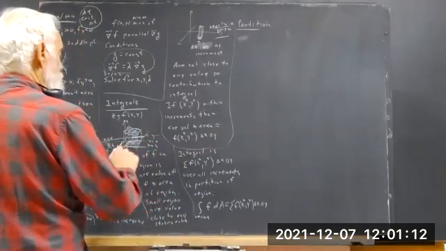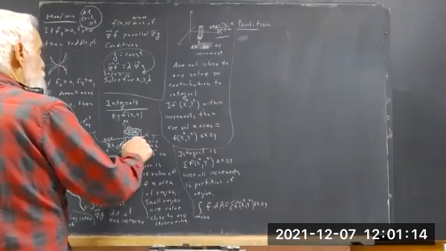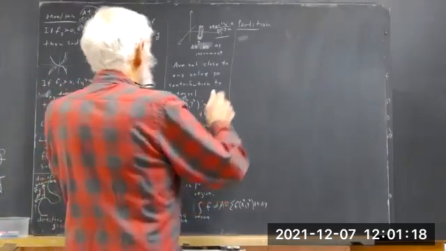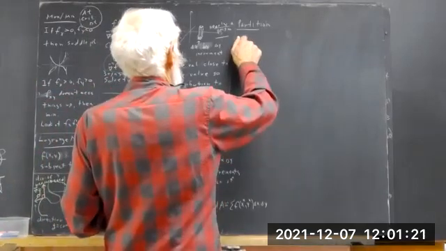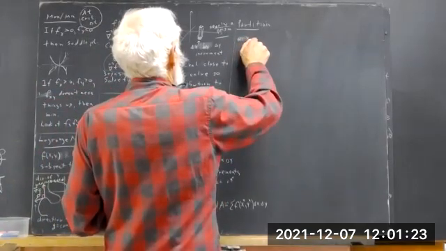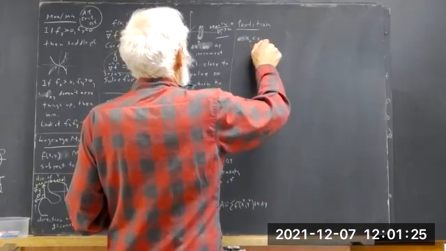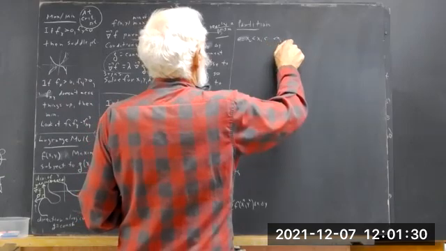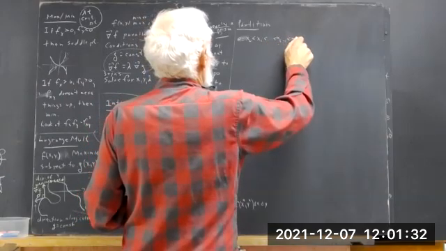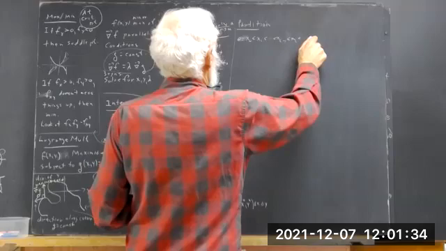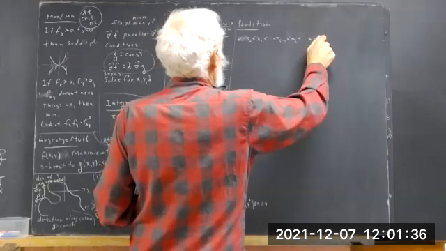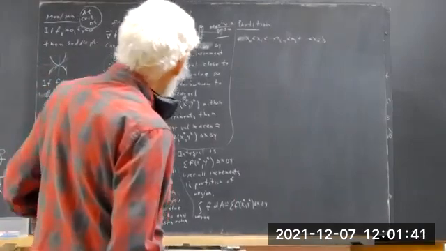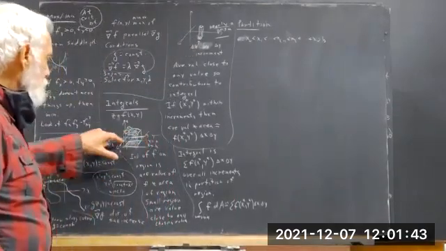So your partition would be a equals x naught less than x1 less than so forth less than x i minus 1 less than x i less than etc., up to less than x equals b. Partition is your x.